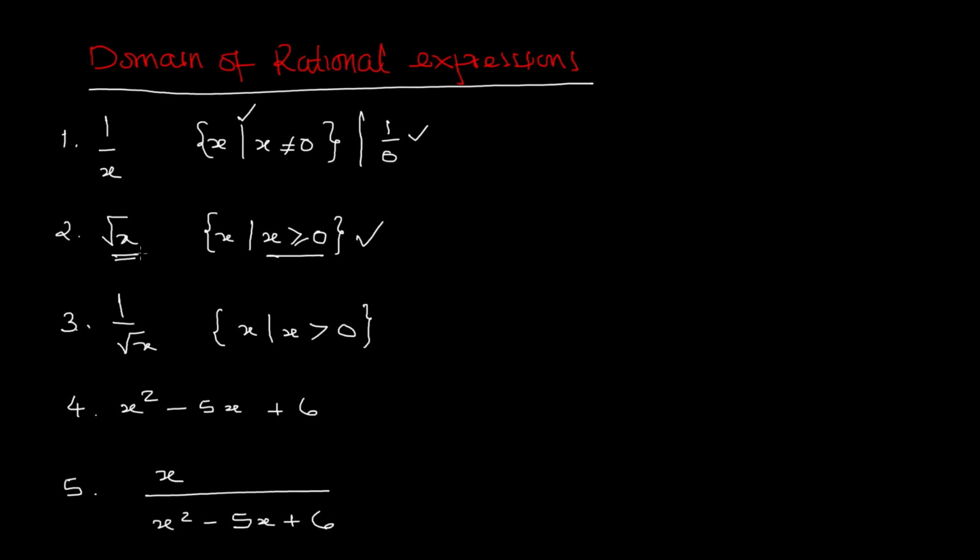I can put a 2 here, I get the square root of 2. So the only thing I can't put here is a negative, because that would give me imaginary numbers. So for example, if I said square root of -4, that will not give me a real solution.